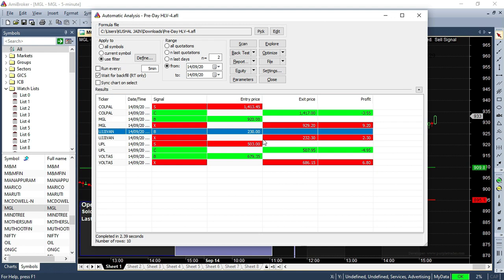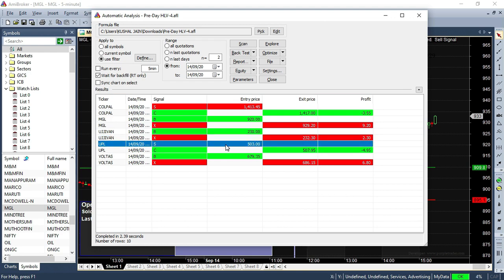You buy at 230, you square off at 232, and UPL gave me a loss of around 1%. I sold at 503, bought at 507, so there's a loss. And Voltas, as I've shown you, gave a proper 1%. So what you'll see is that out of 5 trades, 3 trades gave me 1% each. 2 trades gave me a loss of close to 1% each. So net to net I've made 1% profit, right?